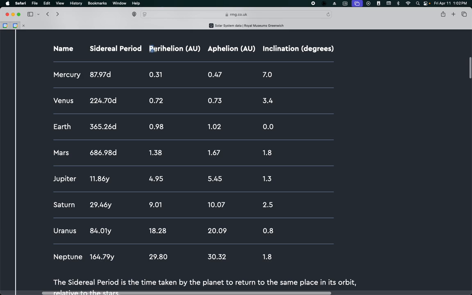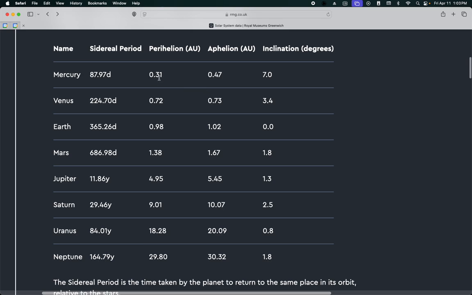So perihelion is close to the sun, and aphelion is the farthest point from the sun. The moon has a perigee and an apogee, the closest point to the Earth and the farthest point from the Earth. The planets have a perihelion and aphelion.